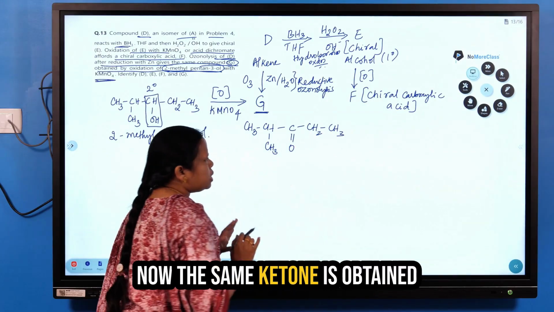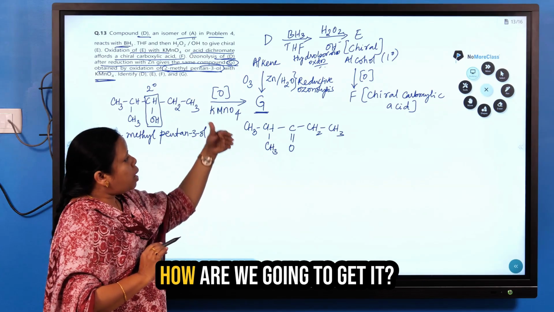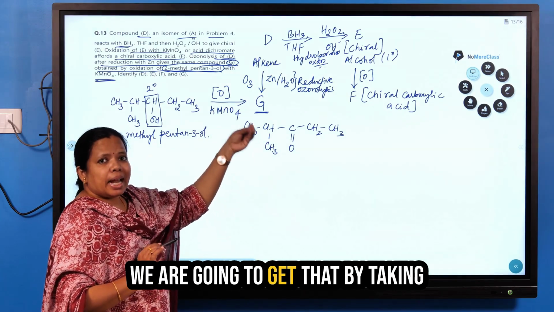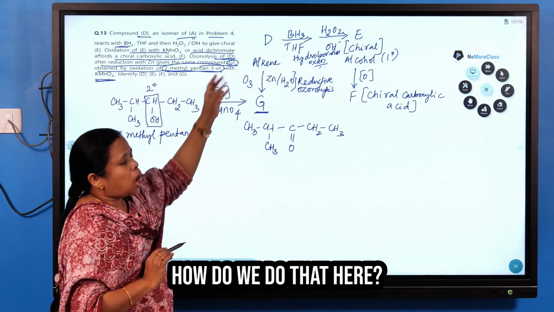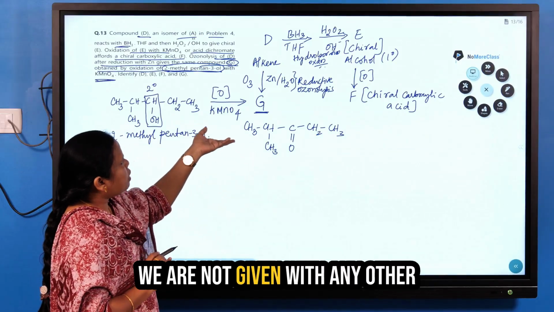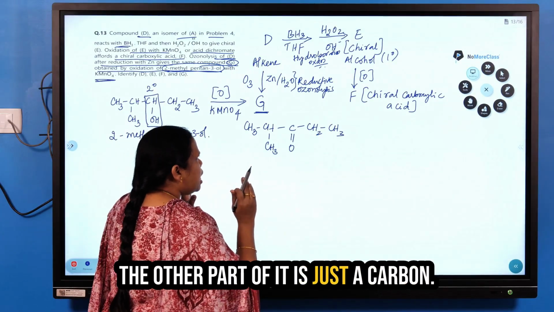Now the same ketone is obtained by ozonolysis of the alkene D. So how are we going to get it? We are going to get that by converting this ketone into an alkene. How do we do that? Here we are not given any other information, so we are assuming that the other part of it is just a carbon.